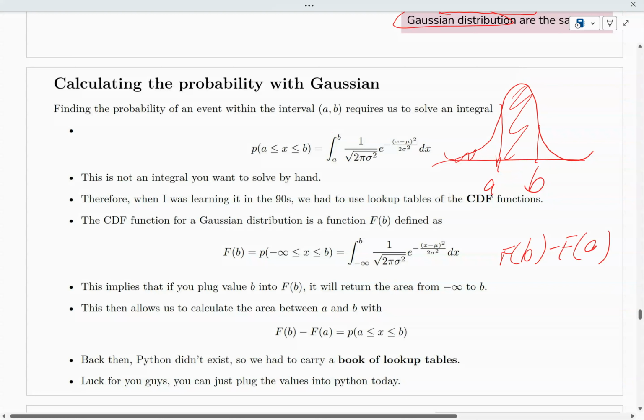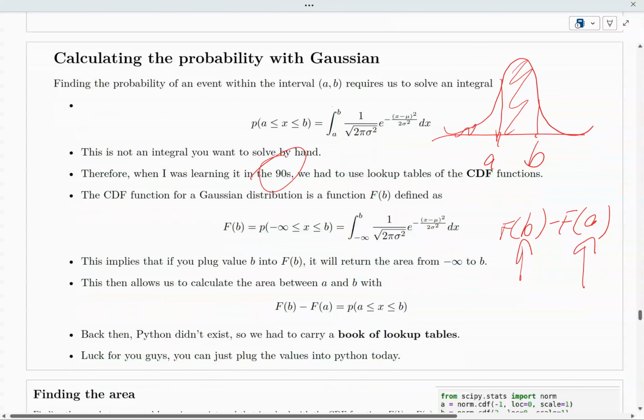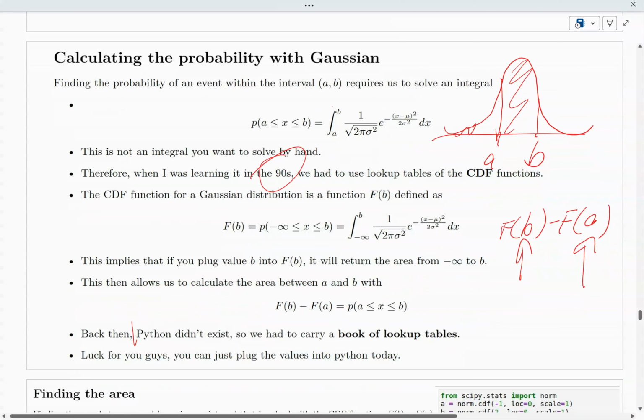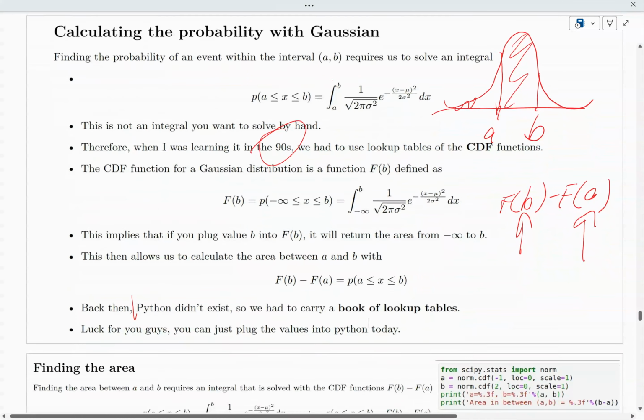So I had to look up in the table what the area to b is, what the area to a is, and find the area in between them. That was what I had to do in the 90s. Back then, Python didn't exist, so we had to carry this book, which was not fun. But lucky for you guys, now you can just use Python and it will solve it for you.